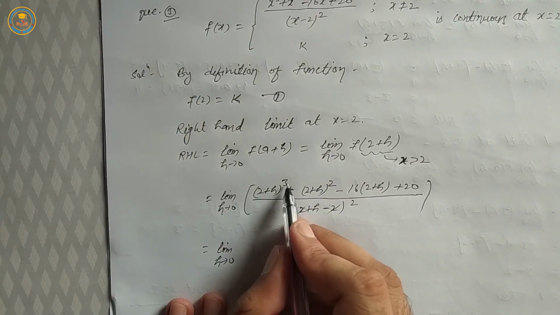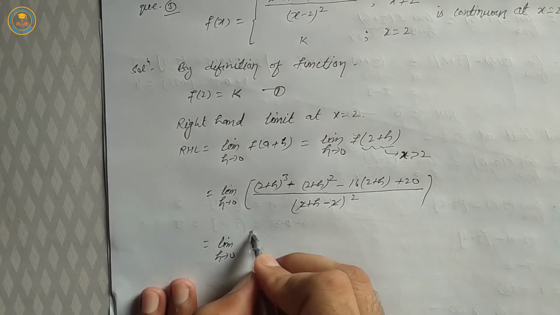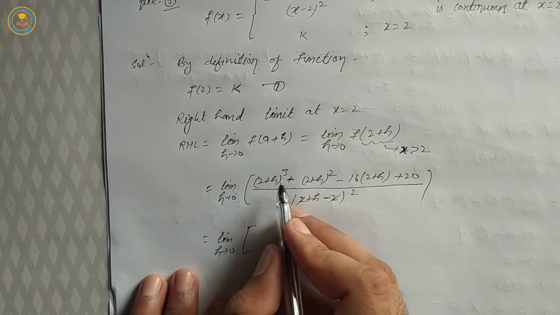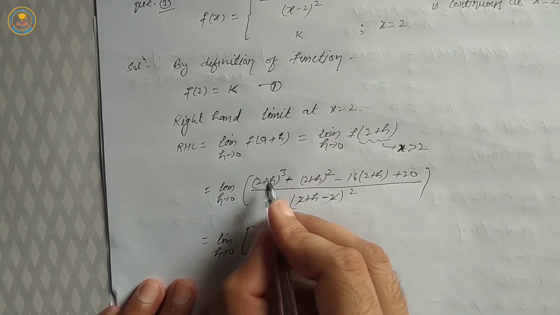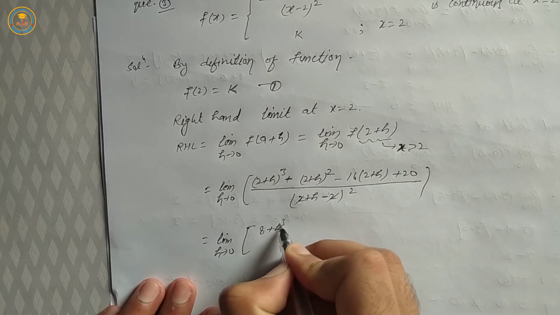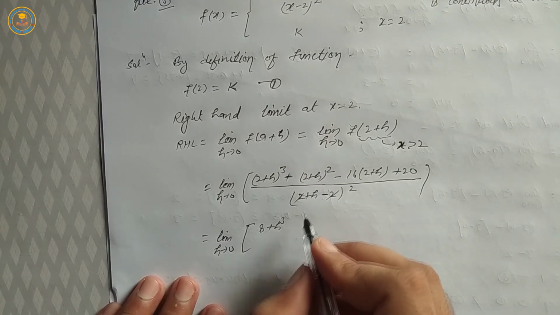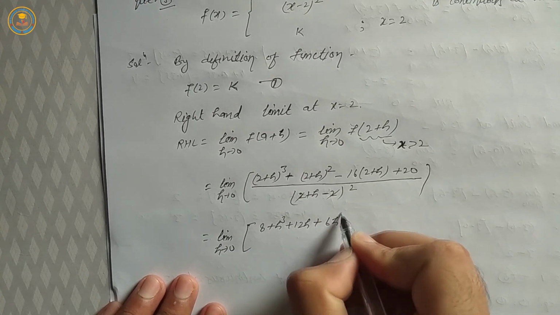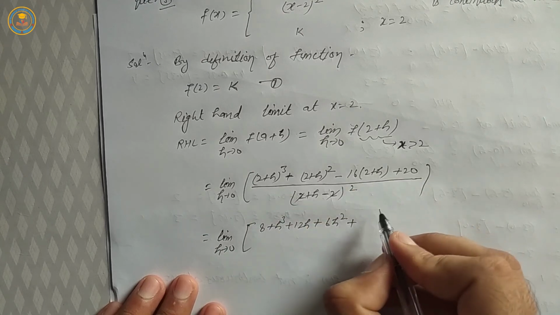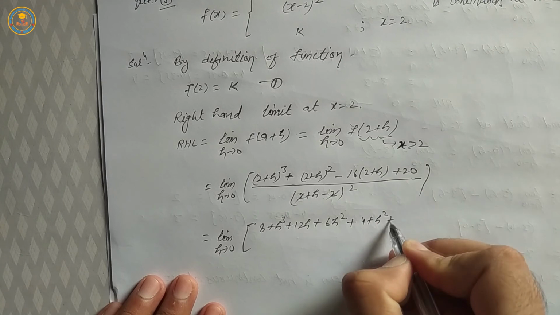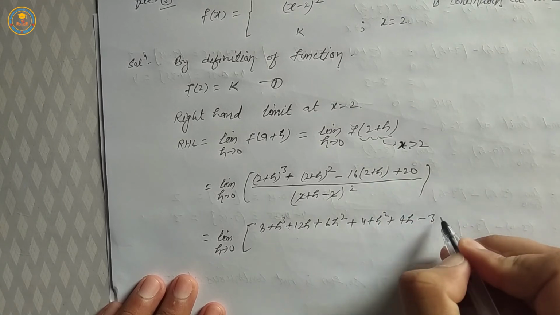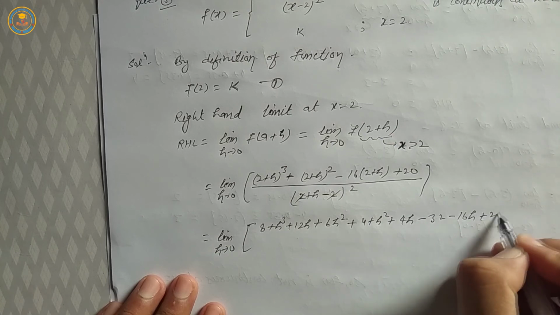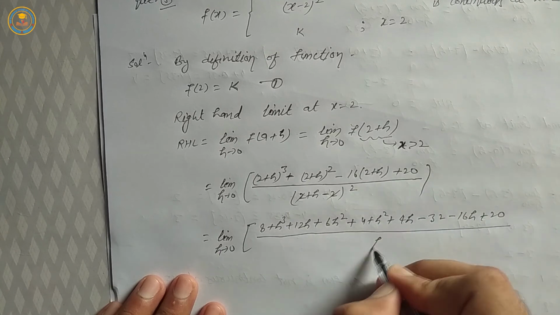Apply the formula (a plus b) cube and (a plus b) whole square. (a plus b) cube is a cube plus b cube plus 3a square b plus 3ab square. It means 2 cube plus h cube plus 12h plus 6h square, plus (a plus b) whole square, 4 plus h square plus 4h, minus 32 minus 16h plus 20 upon h square.